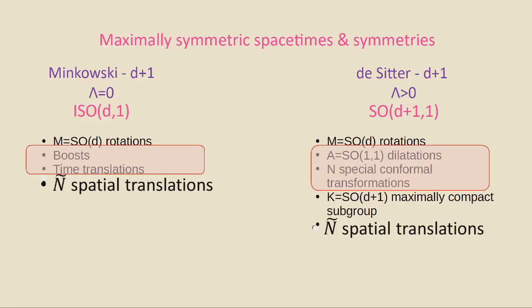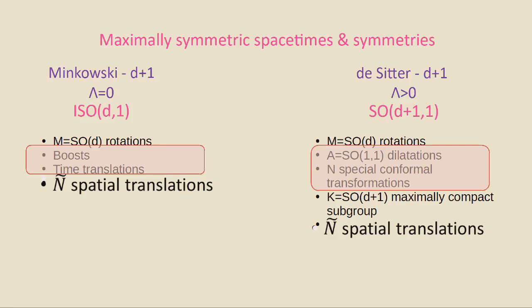Instead of having boosts and time translations, on de Sitter you have dilatations and special conformal transformations. So these are very general scaling transformations, and these are the kind of transformations you encounter in conformal field theories.